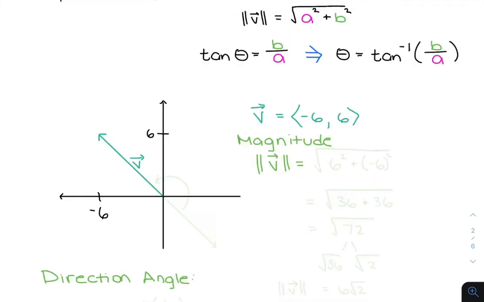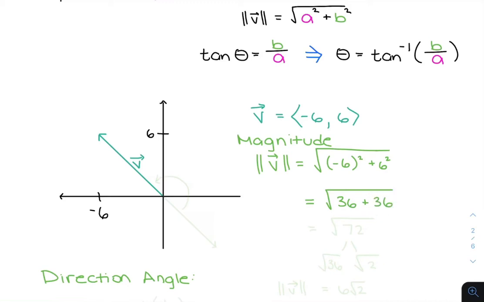If we look at the vector 6, negative 6, this means that it was shifted 6 units up and 6 units to the left. If we wanted to find the magnitude of this, we would have to do the square root of a, which is negative 6 squared, plus 6 squared, because 6 is our b. So if we evaluate this, we have the square root of 36, because that's 6 squared, plus negative 6 squared, that's another 36.